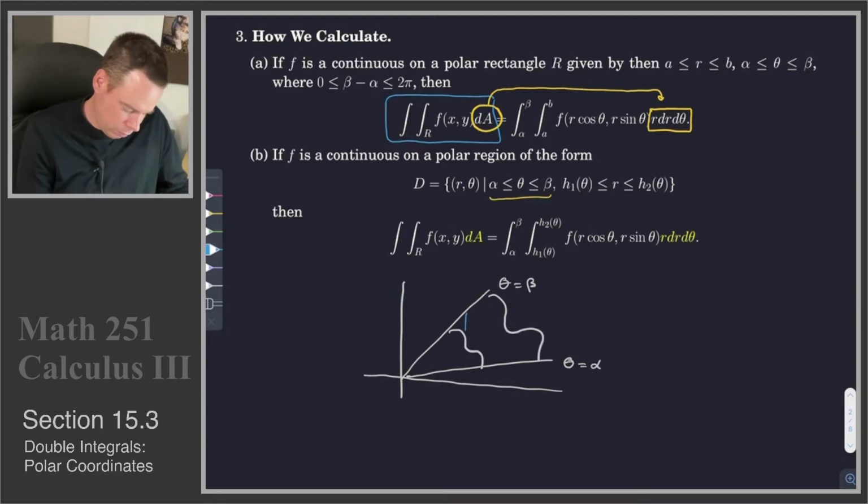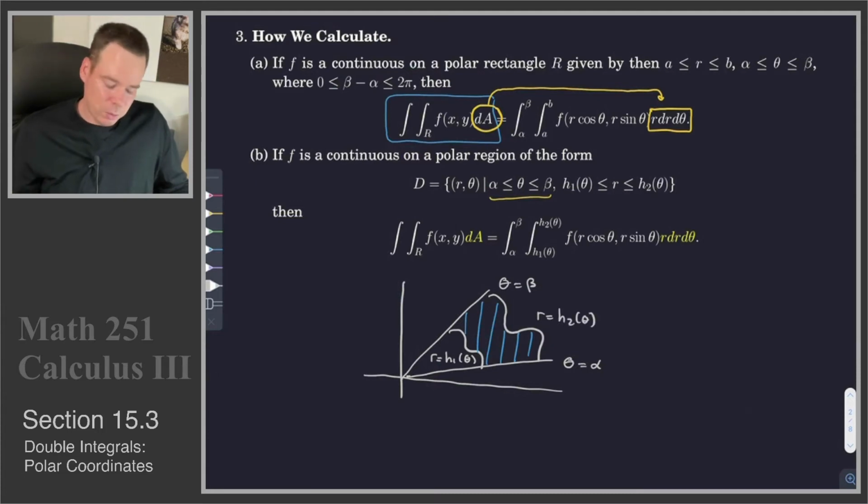This is the region we're interested in. That inner function, or that small radius, is r equals h1 of theta. The outer one is r equals h2 of theta. So that's the region we're interested in, and that's how we set up the integral.